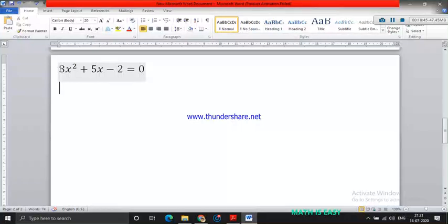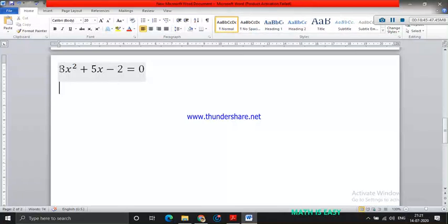Okay, let me write the sum of the roots. Sum of the roots means what do you get? Alpha plus beta, right? This is the sum of the roots. Alpha plus beta equals alpha value 2 plus beta value 1 upon 3.